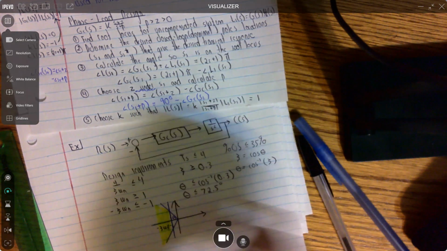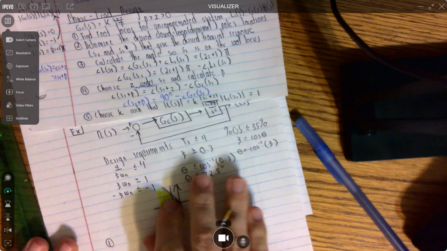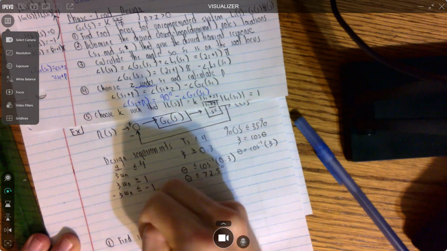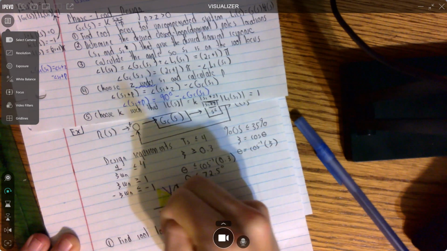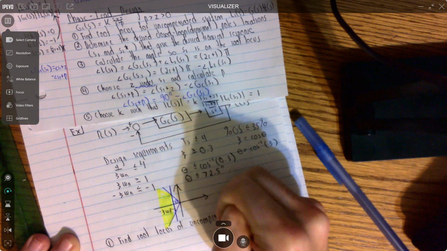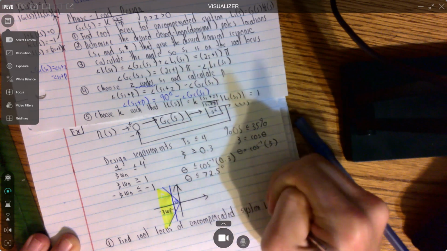So remember step number one is we're going to find the root locus of the uncompensated system when we're designing phase lead. So here's where L1 of S, that's what we need to plot.